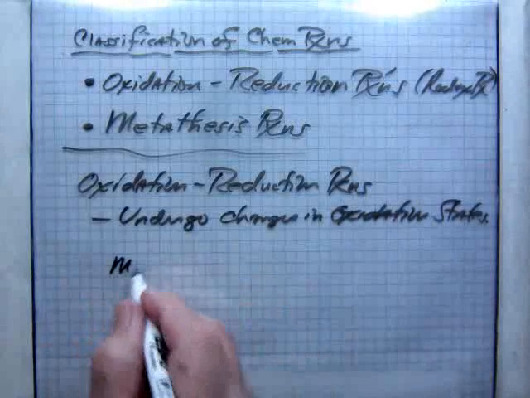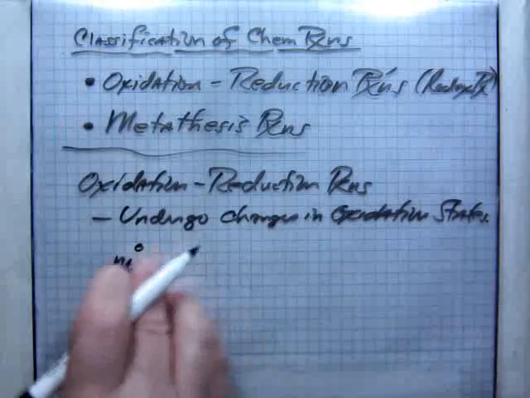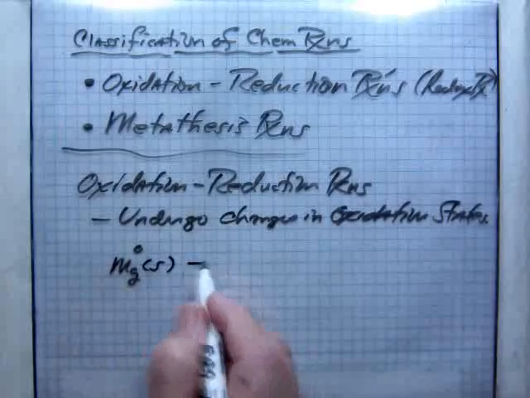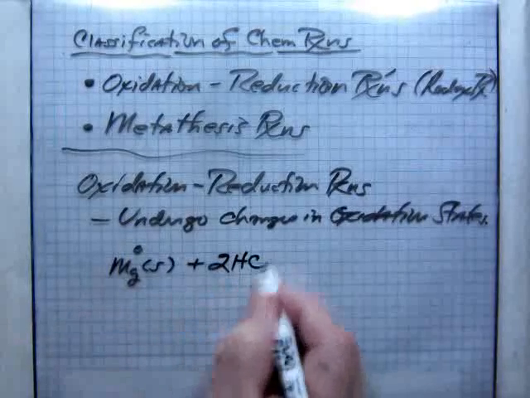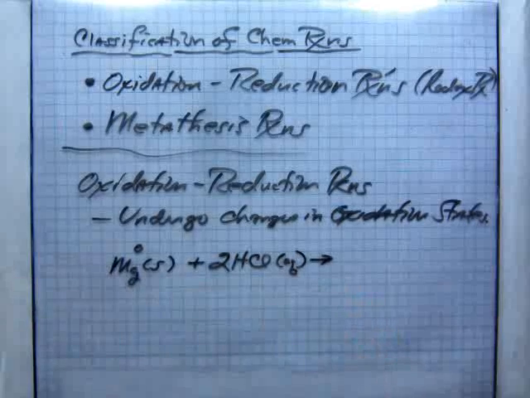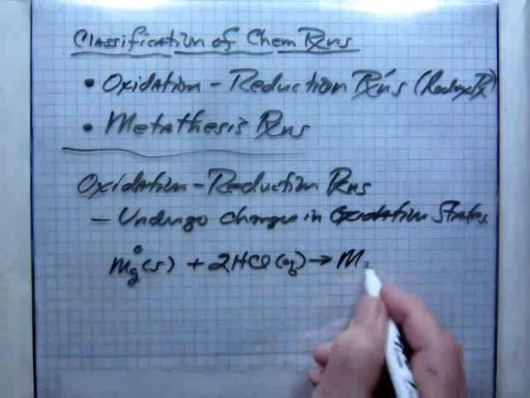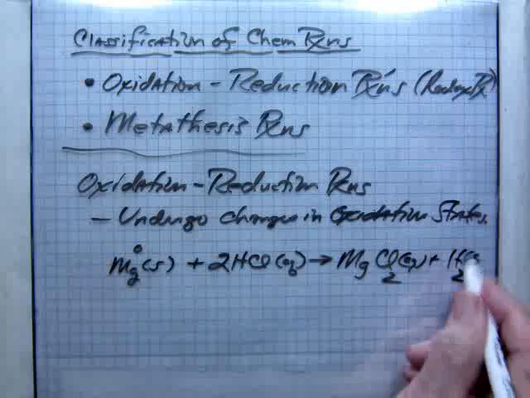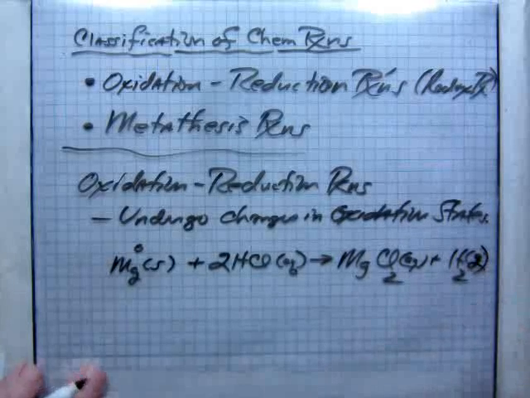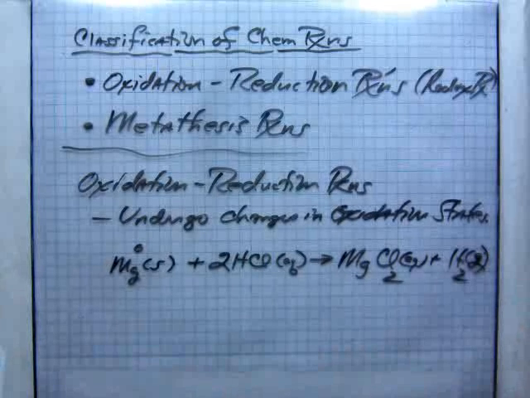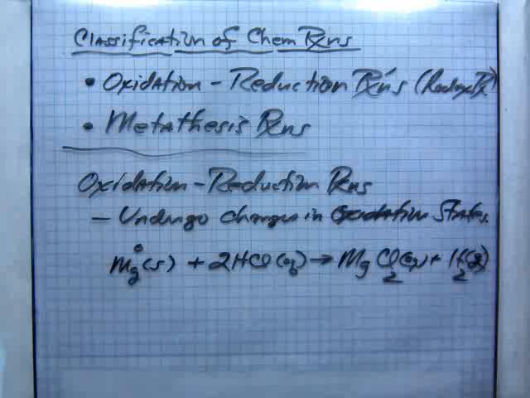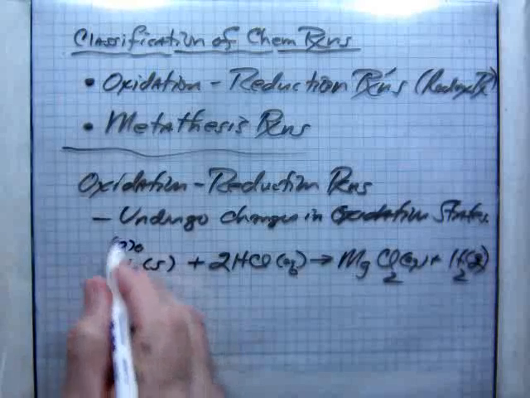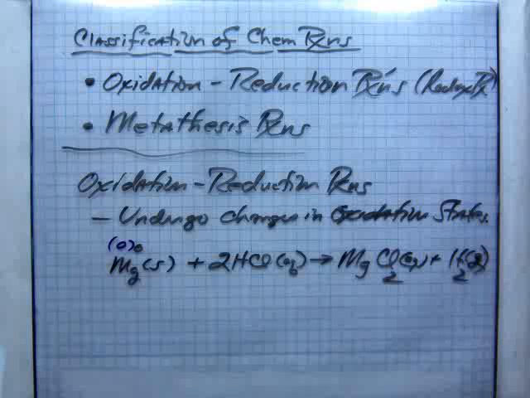Something like magnesium as a solid plus hydrochloric acid in an aqueous medium, you'll see this eventually, it will produce magnesium chloride in aqueous medium plus hydrogen gas. And in identifying the oxidation states of the elements in that reaction, you'll see this one, of course, is neutral, which is an element in its basic standard state.